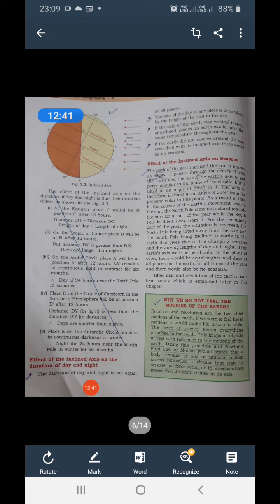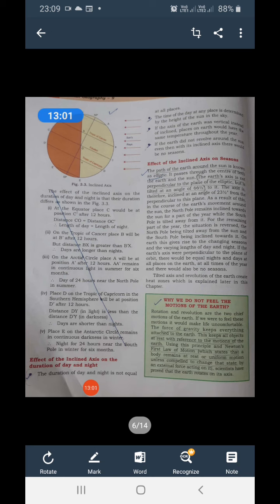Now in this green index they have written, why do we not feel the motion of the earth? Rotation and revolution are the two chief motions of the earth. If we were to feel these motions, it would make life uncomfortable. So we don't feel these movements. Why?